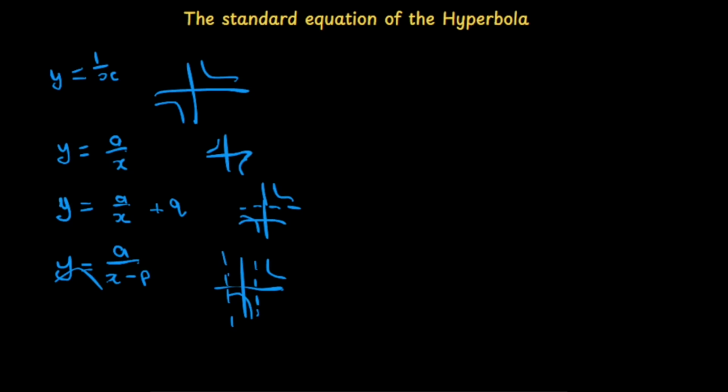Now, my question to you guys is, how do we combine all of these manipulations into one single standard equation that we can use in order to define any hyperbola, no matter what type of characteristics it has?